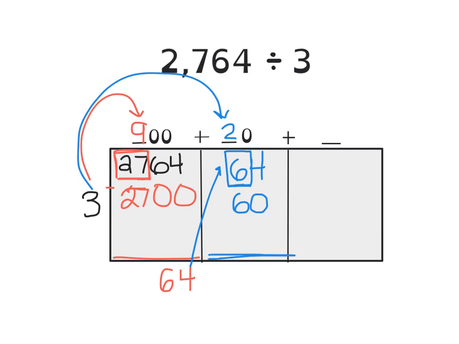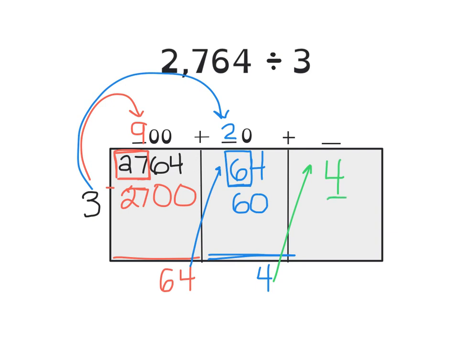64 minus 60, this is what I know I can count up on. So I'm going to start at 60, 61, 62, 63, 64. I have 4 left. My last box is my 1 spot, and I'm going to pull my 4 up there. I only have 1 digit in my 1 spot, nothing in my tens.